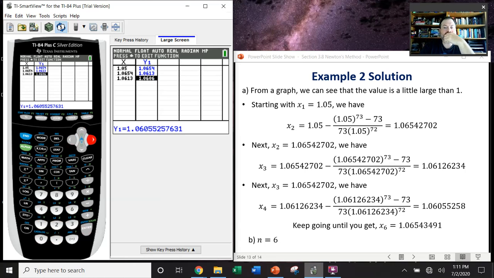So it looks like it's starting to settle down a little bit, but we don't know. Right? 1.06055258.